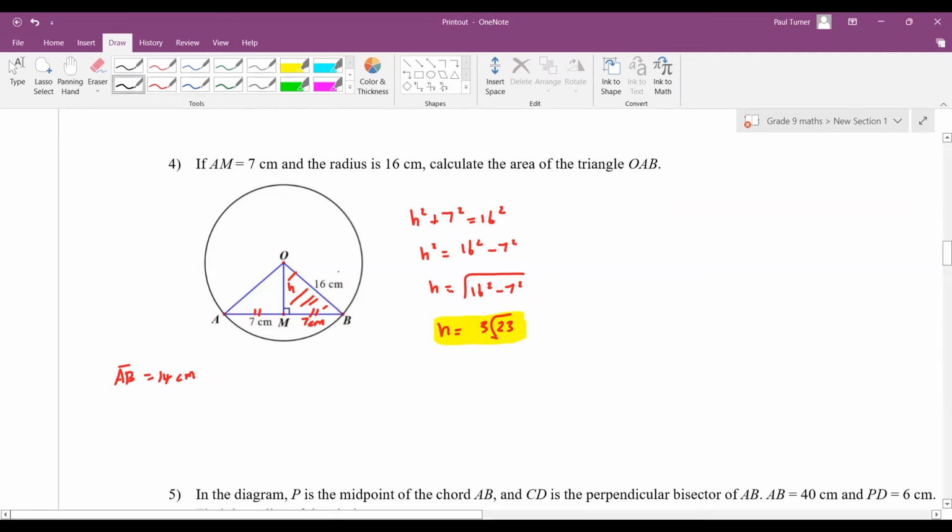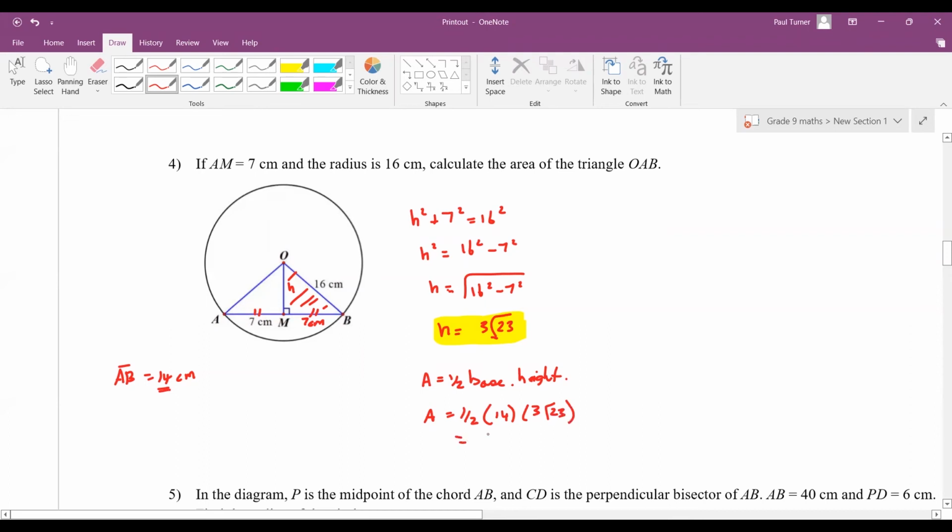So the area is half times the base times the height of the triangle. So the area will be a half times the base, which is this 14. This is AB. So times 14 times the height, which is 3 root 23.